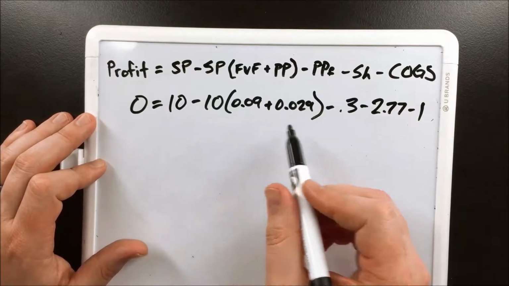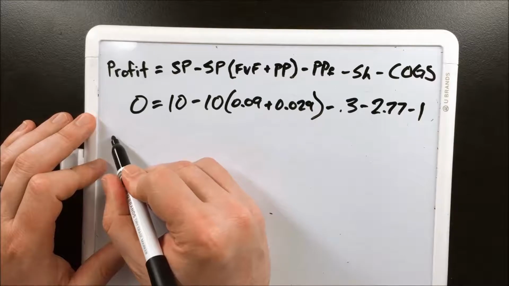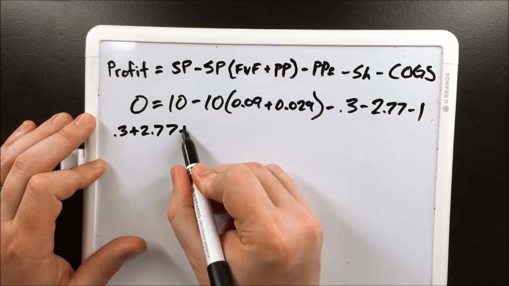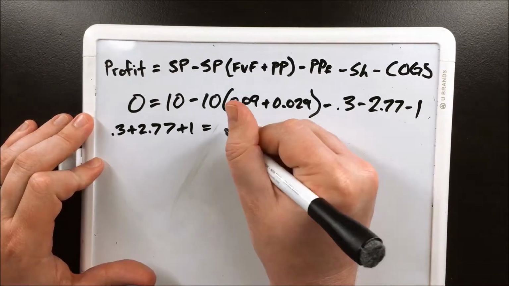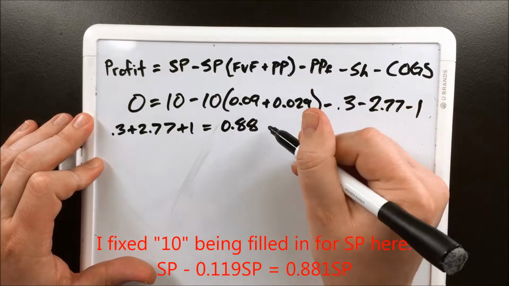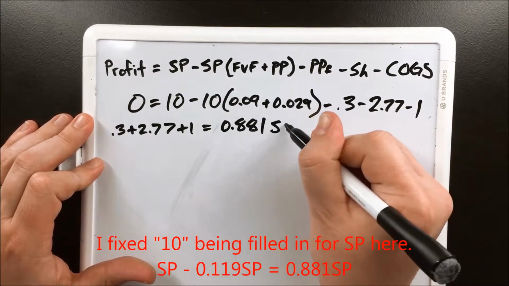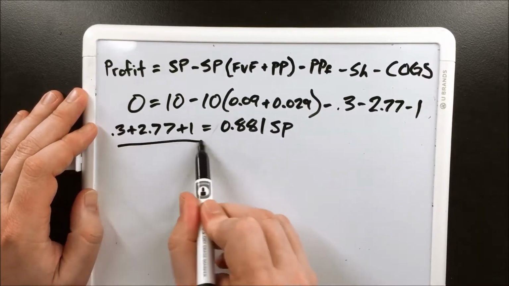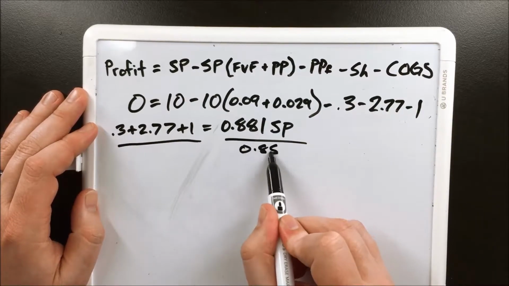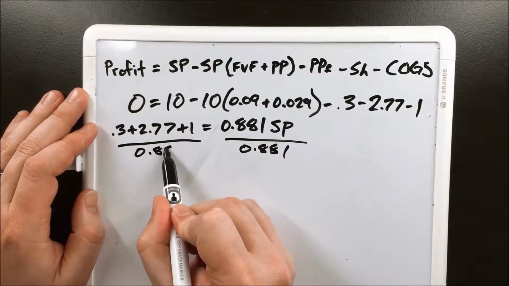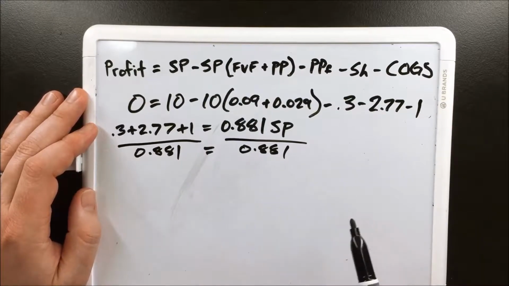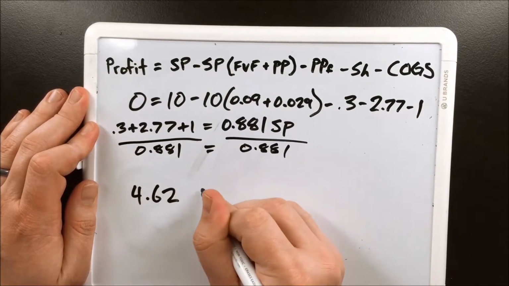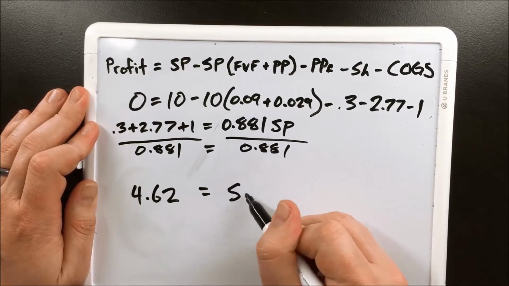And this would be 0.3 plus 2.77 plus 1 equals 0.881 times the selling price, and divide both sides by 0.881, and you get 4.62 equals SP.